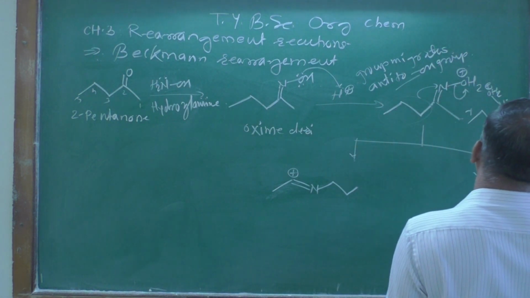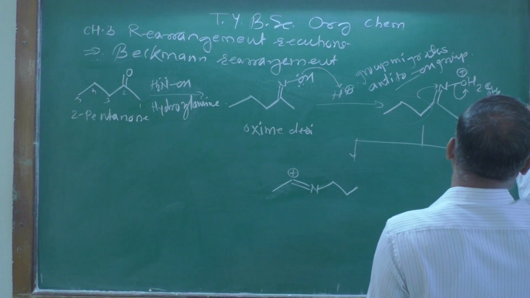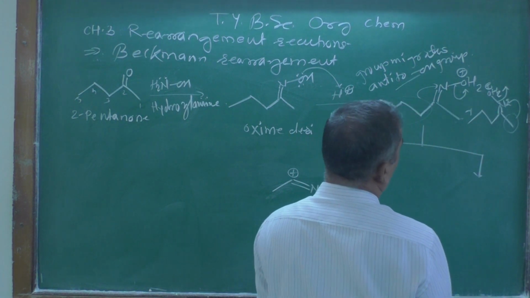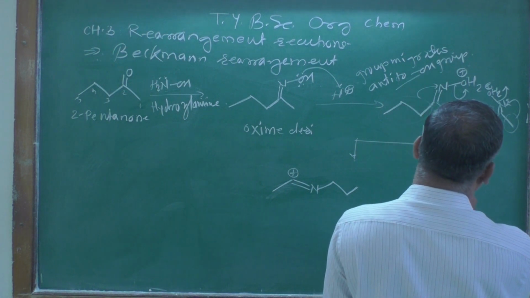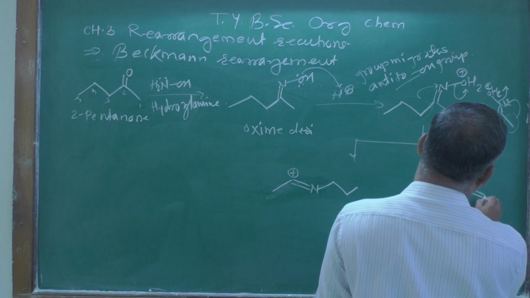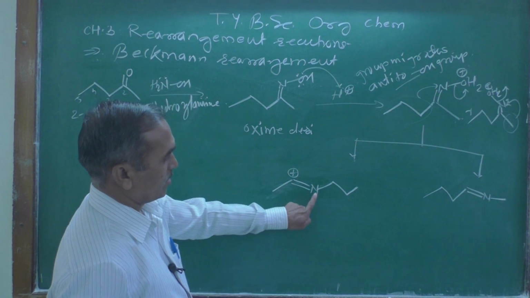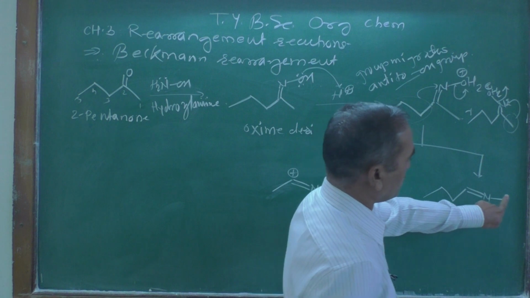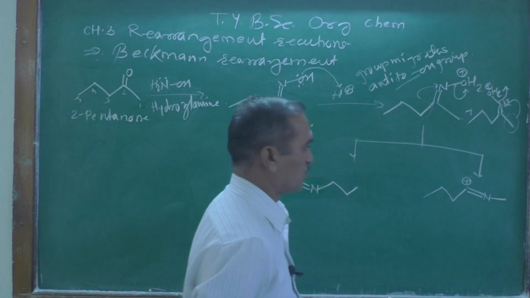Now this methyl group has migrated from here to here, and OH2 is evolved during this process. The resulting compound is this one, then double bond N, and this methyl group. Look here: nitrogen is connected to a propyl group, and here nitrogen is attached to a methyl group, and there is a positive charge over here.